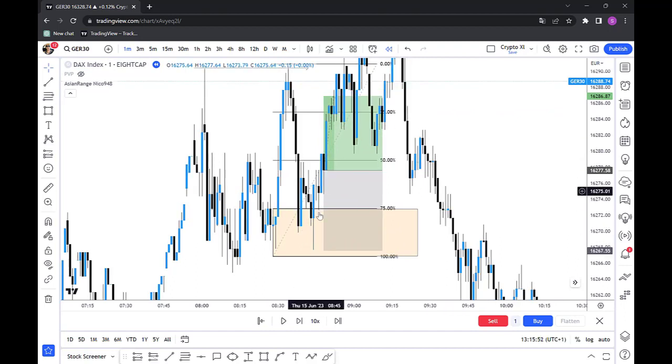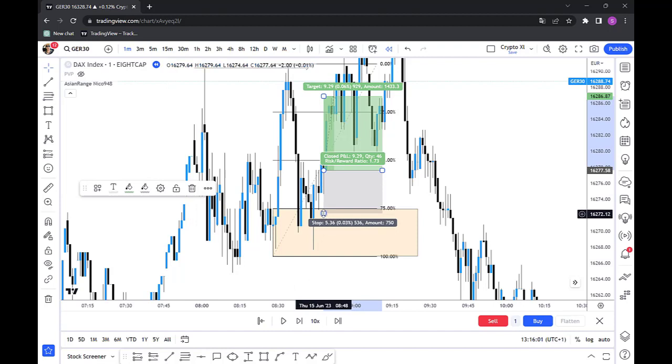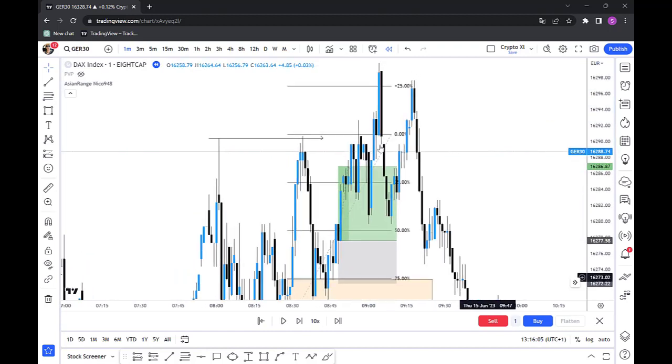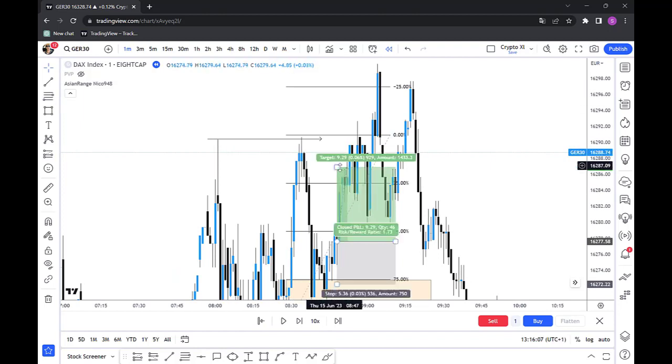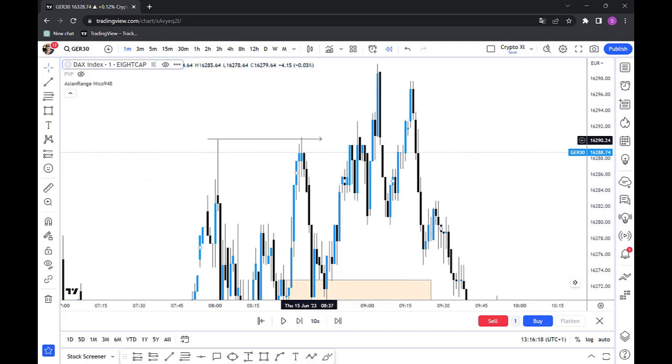The price refused, rejected this zone, so you could put the stop loss just below the 75% that corresponds to this spike, with the take profit at the Fibonacci extension minus 25%, 1.3.63. Okay.